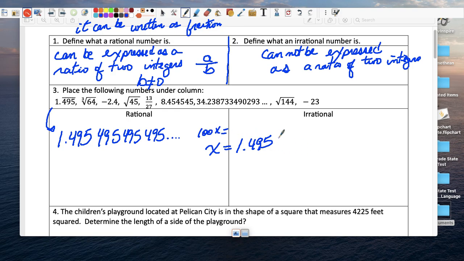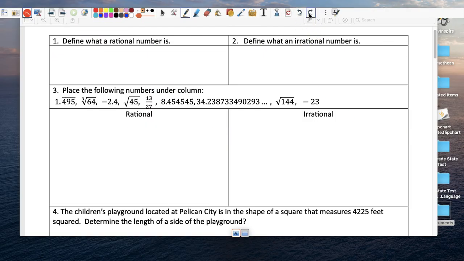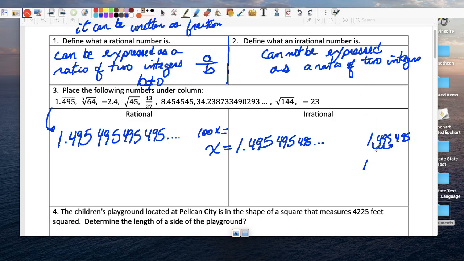If I multiply this by 1,000, the decimal moves to the right 3 places, and it becomes 1,495.495, 495, and 495, etc.